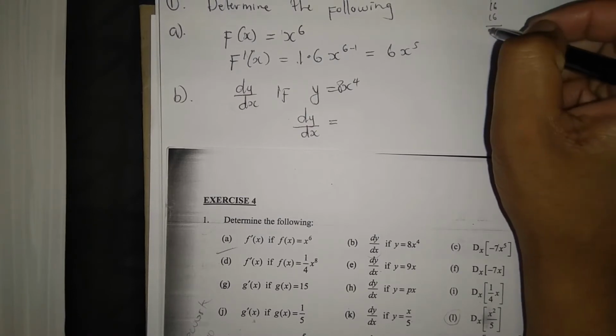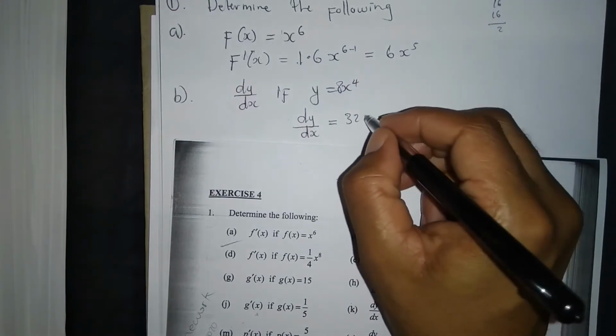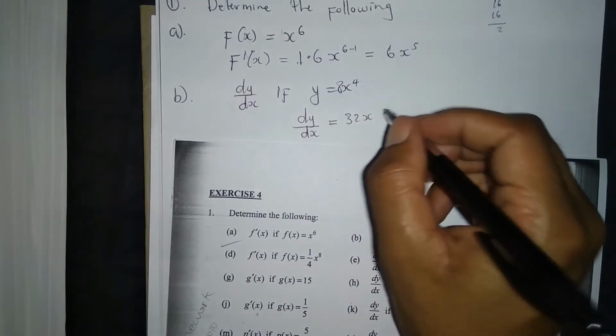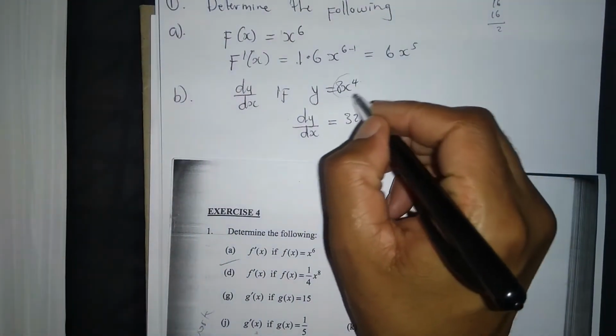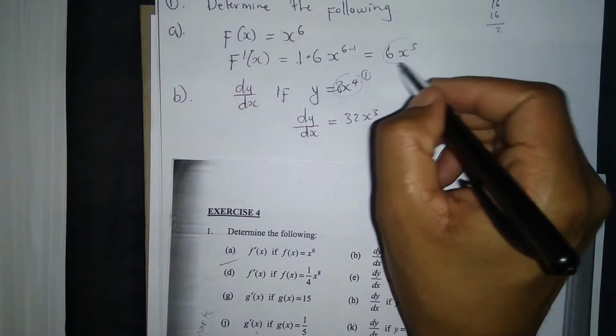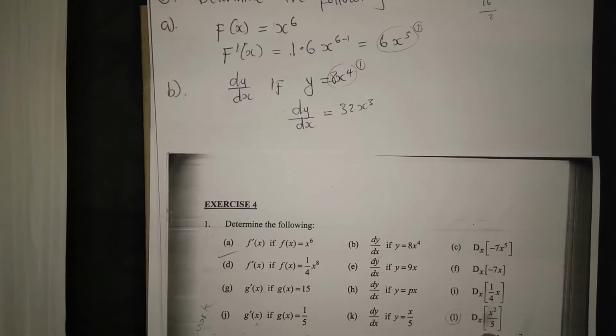It's 32. 8 times 4 is 32. X, 4 minus 1 is 3. Rule number 1. This is rule number 1 as well.